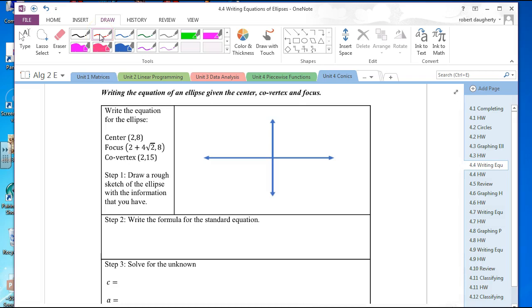And I have a covertex at 2, 15. What does that mean about this ellipse? Not vertical, horizontal. If the covertex is on the vertical line, the vertex has to be on the horizontal line. And then it tells me the focus is where?